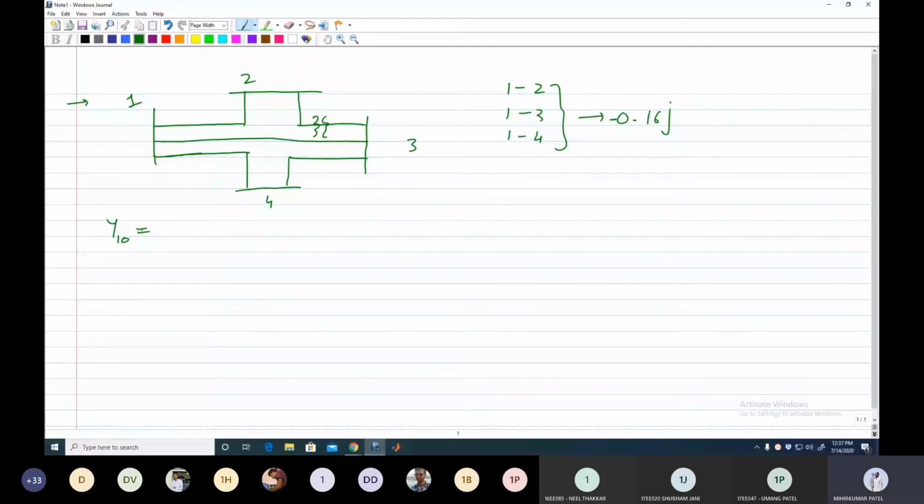Let me show you the shunt admittance on this side. The shunt admittance offered by this transmission line 1-2 is given as minus 0.16j. So it will be equally divided on both sides, as we have seen in the earlier case.